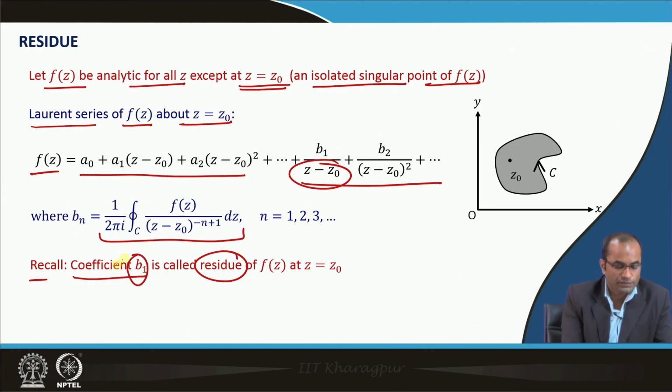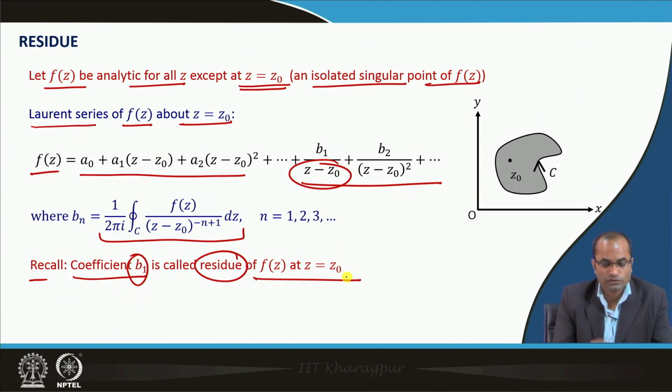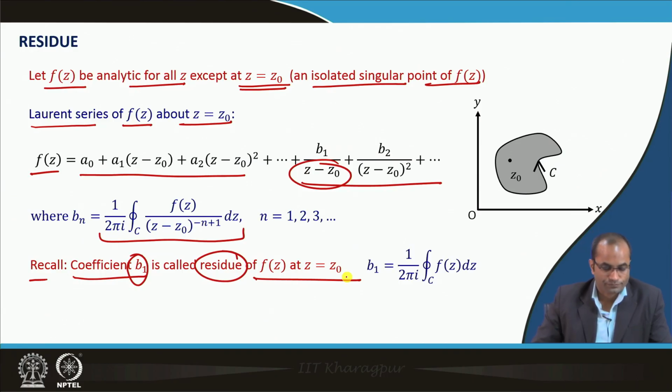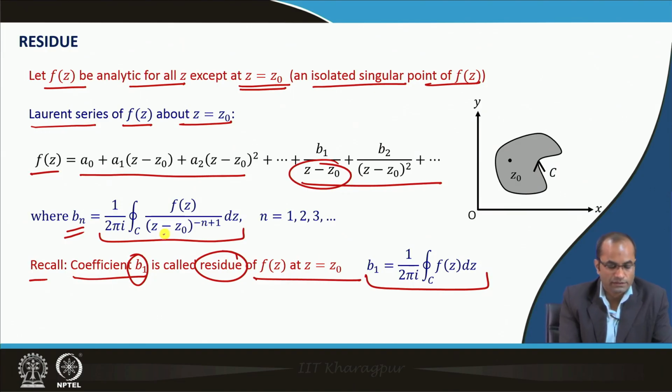This coefficient b 1 in the Laurent series expansion, the coefficient of 1 over z minus z 0, is called the residue of f(z) at the point z equal to z naught, and remember this z naught is the isolated singular point of f(z). Here b 1 comes directly from the integral, 1 over 2 pi i times the integral of f(z) over (z minus z naught) to the power minus n plus 1.